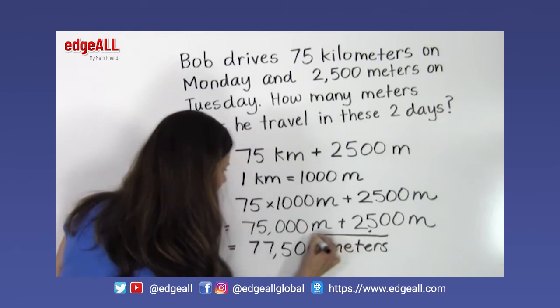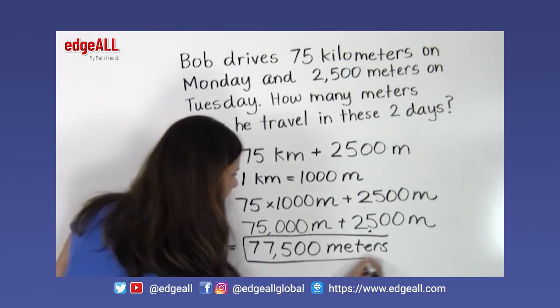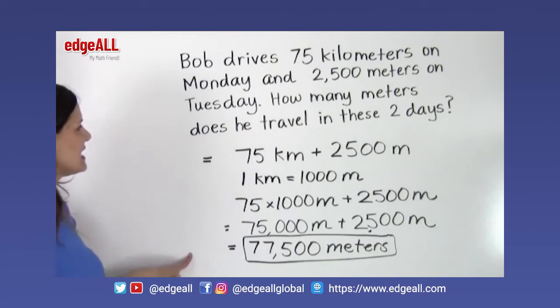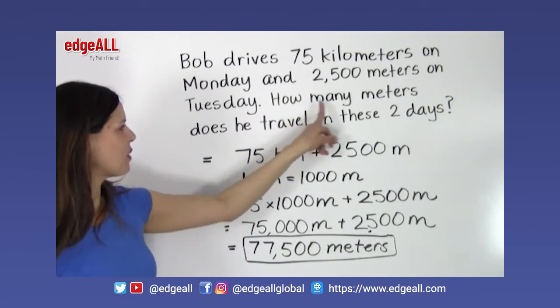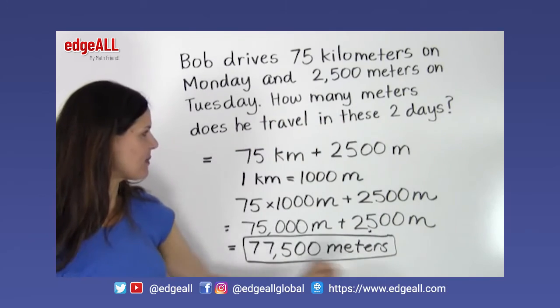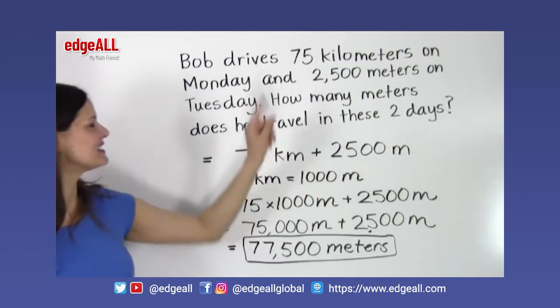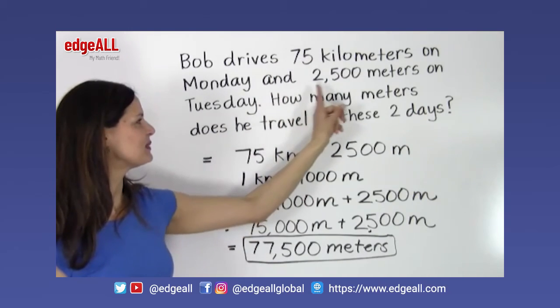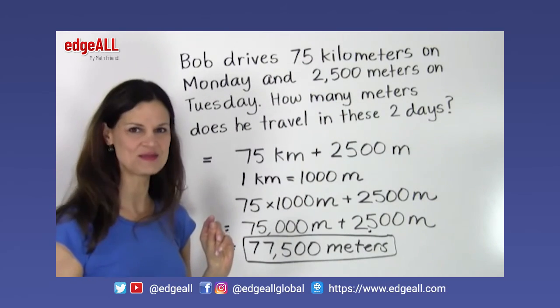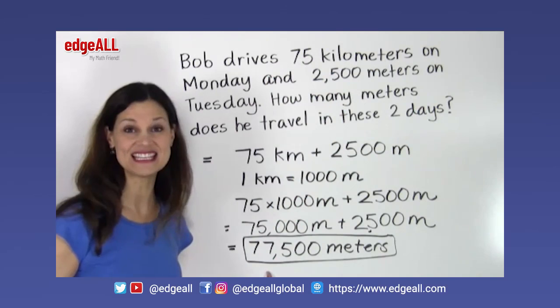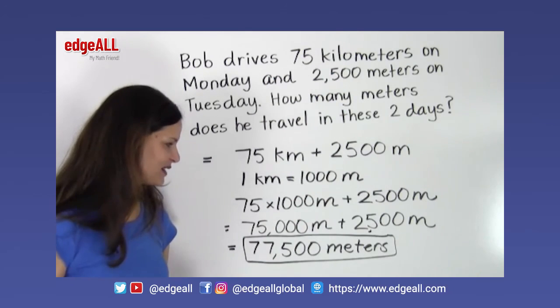And I'll put a nice box around that because I can see here that my question is how many meters does he travel in these 2 days, so I've got my answer in meters. 75 kilometers plus 2,500 meters equals 77,500 meters.